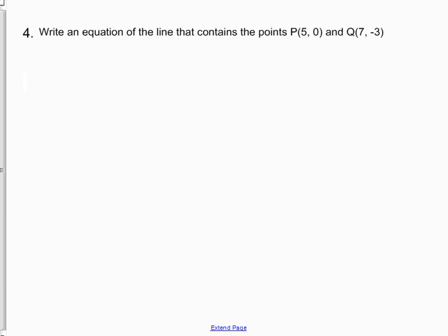Now I've got 2 points. So I have to figure out the slope using the formula from the front page. So I'm going to find the slope, m = (y2 - y1) / (x2 - x1).